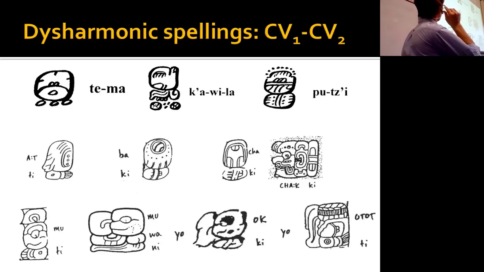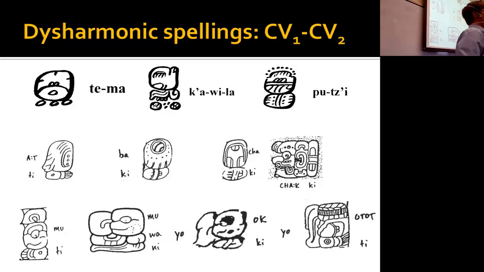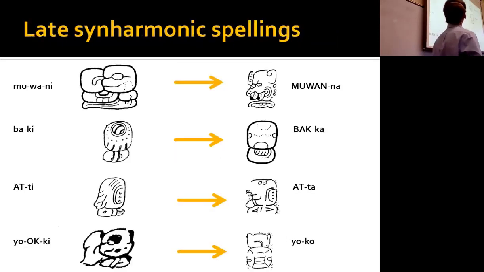So then you have these disharmonic spellings, like tema, awila, putsi, atki, bakti, chaki, muti, muwa, ni, yokti, yototti. So then the question is, what do these things stand for? Some of them, towards the end of the classic period, around 800 AD, you can actually see spelled synharmonically too.